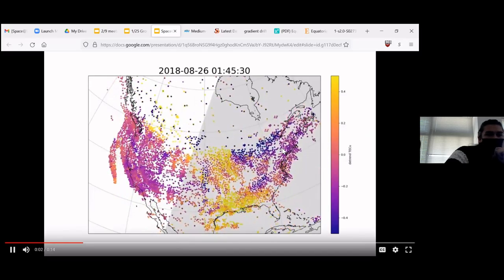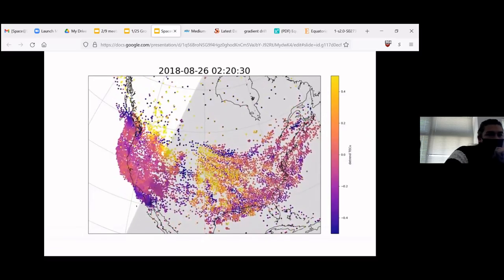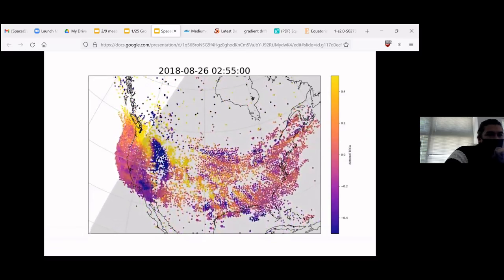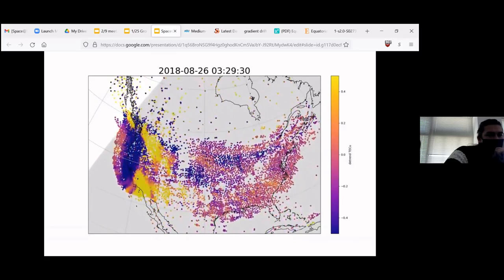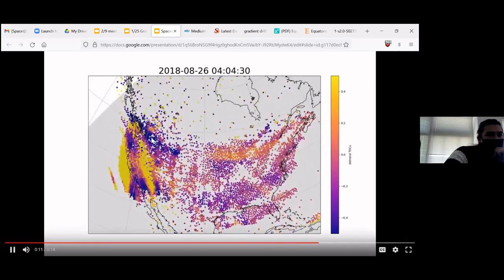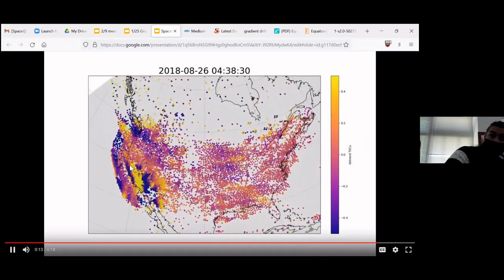This is a Kp 7 event, so not as strong, but still certainly not quiet time. You can see the same kind of thing happening, maybe at a slower speed, especially over the western portion of the United States, where the coverage is really good.